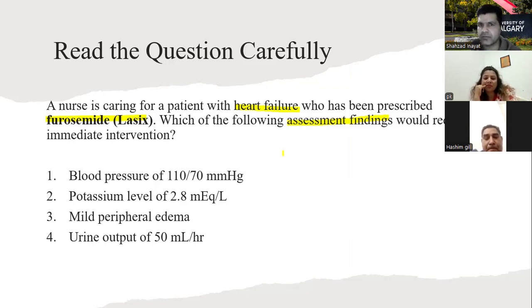If the heart does not contract forcefully, the blood is going to stay in the pulmonary circulation as well as in the peripheries. So let's try this MCQ. Here the question is related to assessment, and you need to have knowledge about heart failure as well as furosemide.